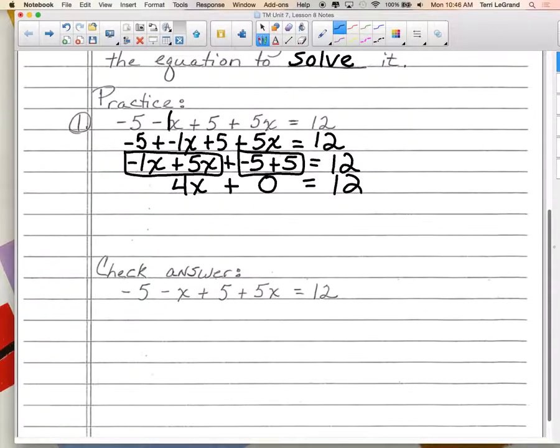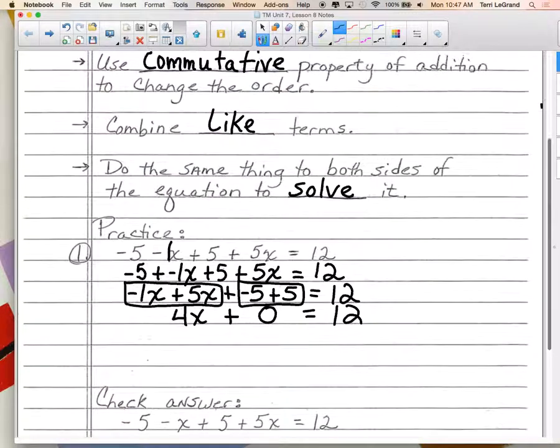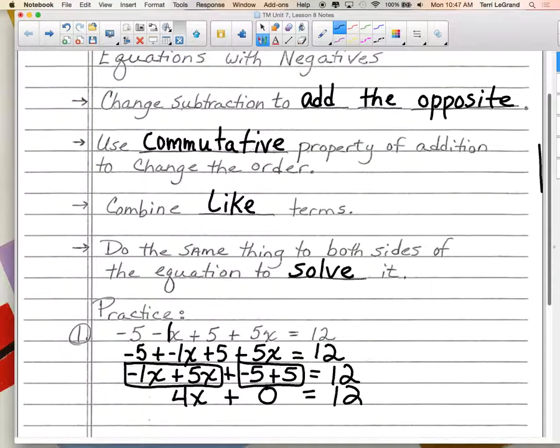Have we done anything yet to really solve this? Remember, solving is when you do the same thing to both sides of the equation. Have we done any solving yet? What do you think? Or have we just done what I said up here, those first 3 steps, getting the equation ready?